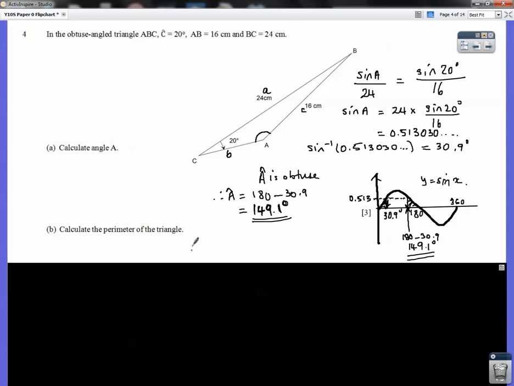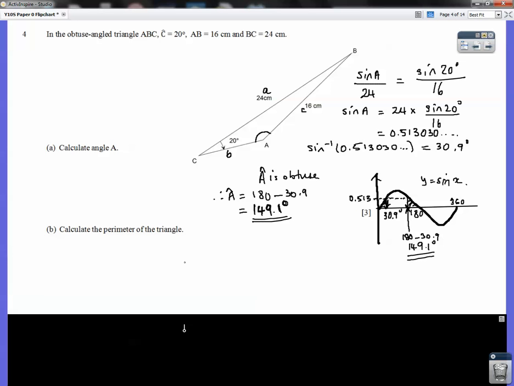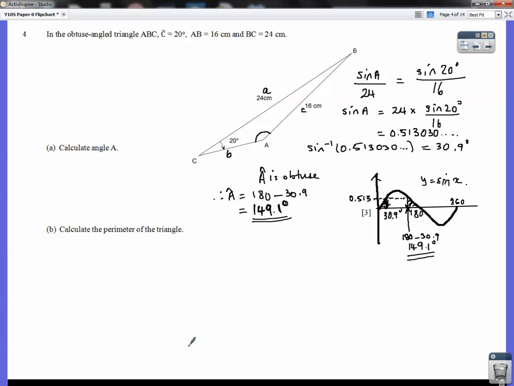Okay, now we've got to use our answer to help us work out the next bit, which is the perimeter of the triangle. So the perimeter of the triangle is going to be 24 plus 16 plus whatever side b is. So we need to work out side b, and probably the easiest way to find side b is again to use the sine rule: b and the sine of angle B, and c and the sine of angle C. So I need to work out what angle B is next.